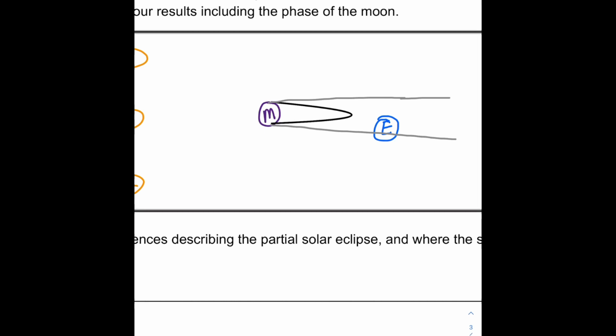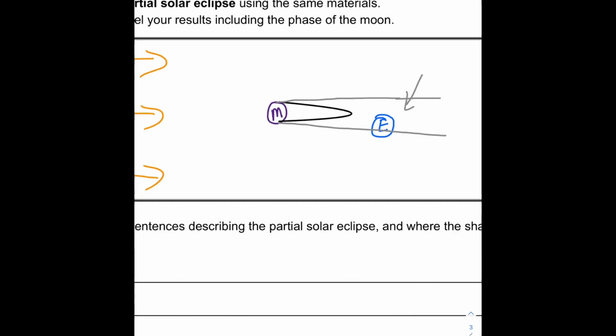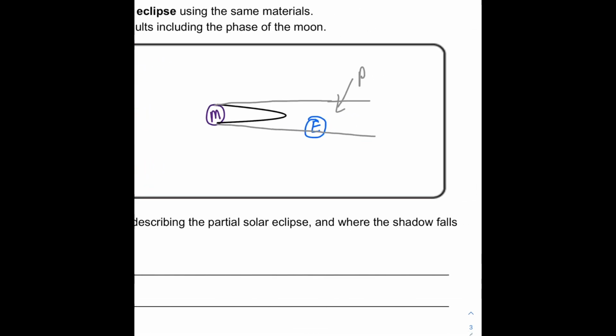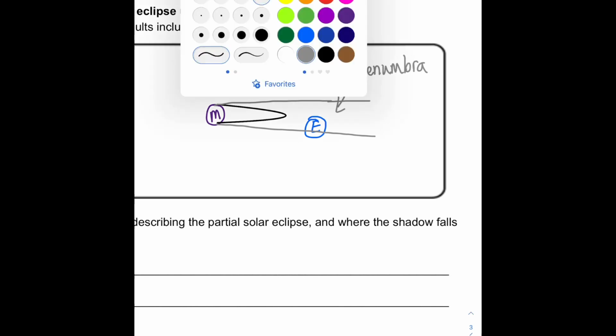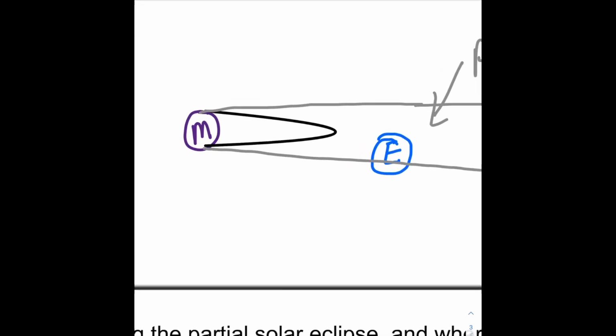So only part of the sun is blocked. So again, if I label my shadows, this lighter gray shadow is the penumbra. The darker inner shadow is the umbra.